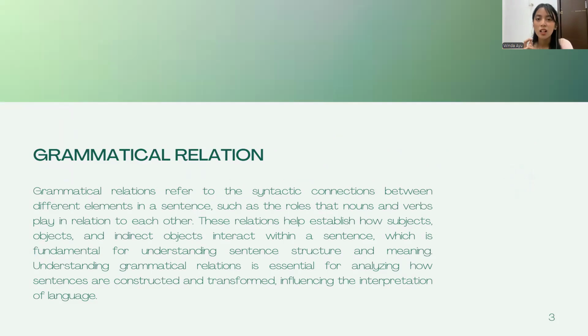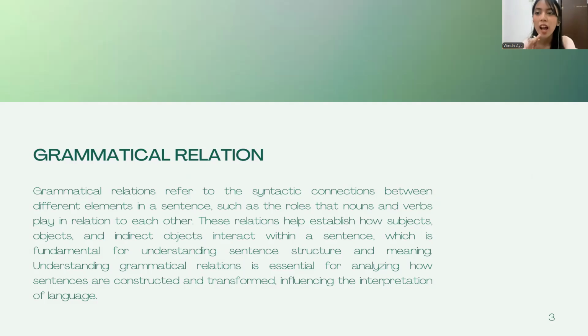Grammatical relation refers to the syntactic connection between different elements in a sentence, such as the roles that nouns and verbs play in relation to each other.